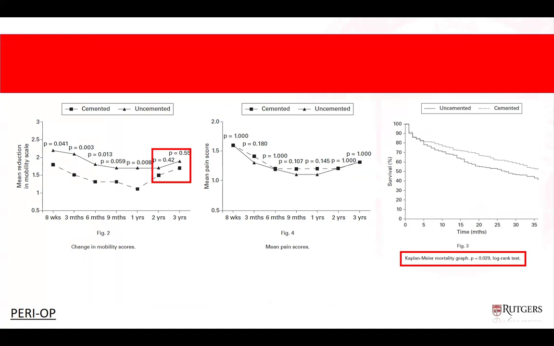For the first year, there was better mobility in the cemented group compared to the uncemented group. There was no difference in pain scores across any of the time points. And this was one of the few studies that did show a slight mortality difference going out to about 3 years in favor of cement versus cementless.